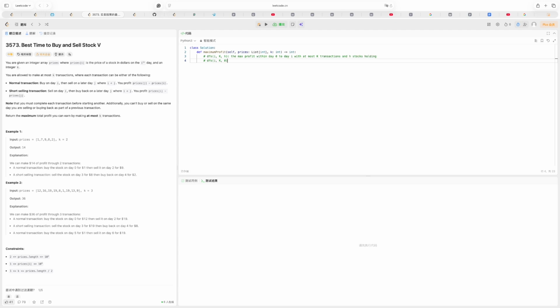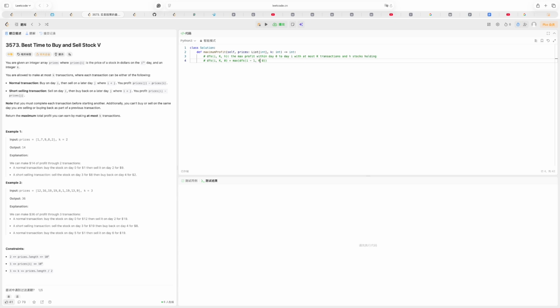If h is 0, then it will be the maximum between all the 0 condition situations. If currently we have 0 stock, then this situation will be coming from today I do nothing, and previously I held 0 stock, so it will be dfs(i-1, k, 0).